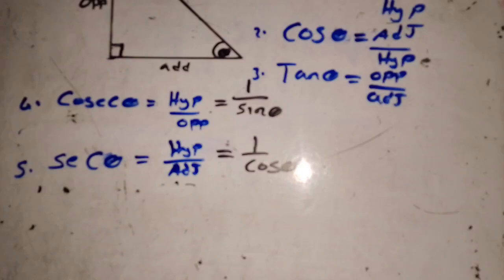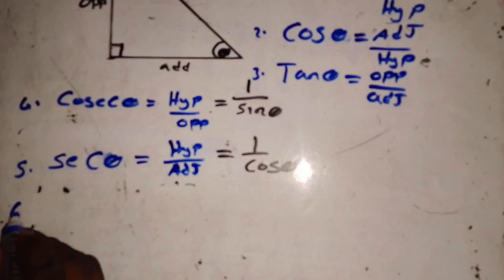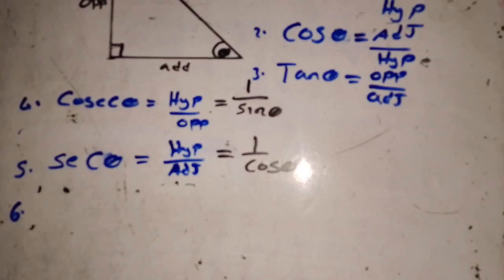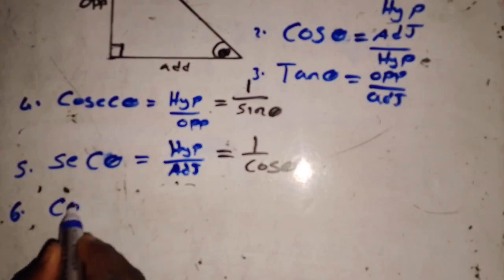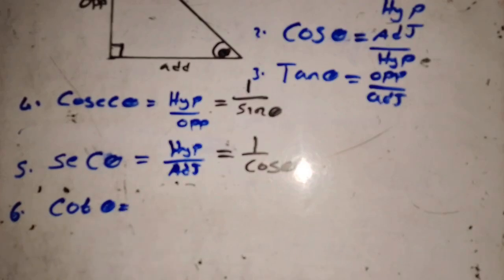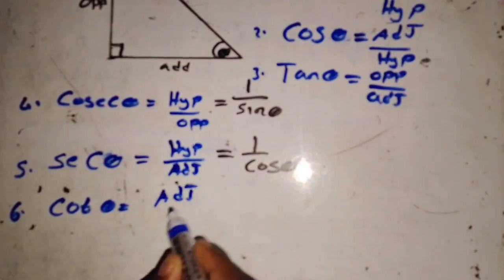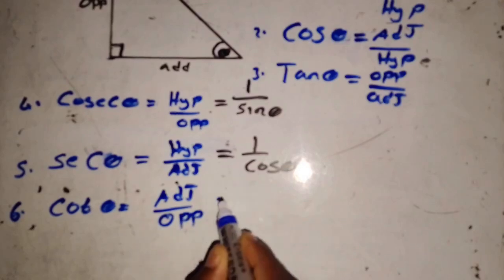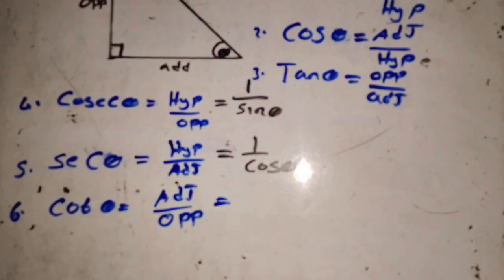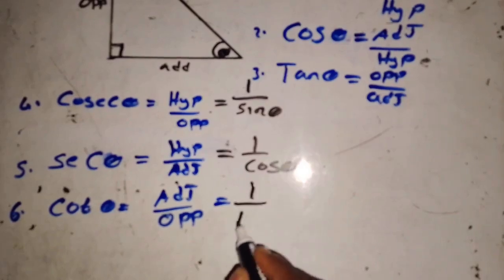So cot theta is equal to adjacent over opposite, or 1 over tan theta, 1 divided by tan theta.